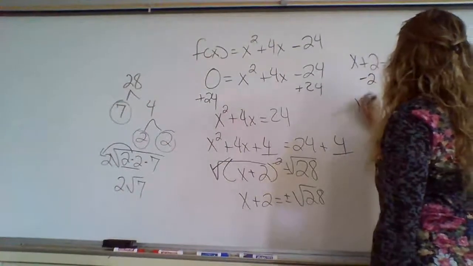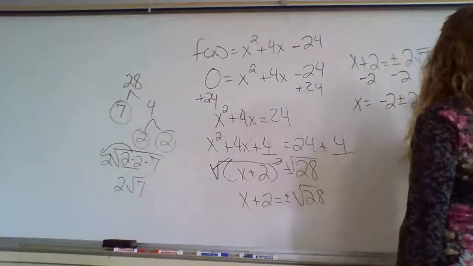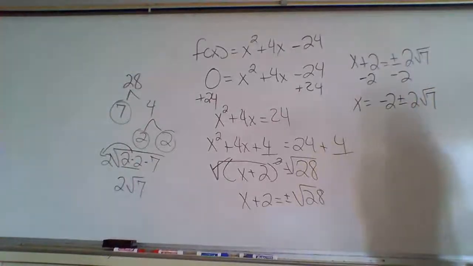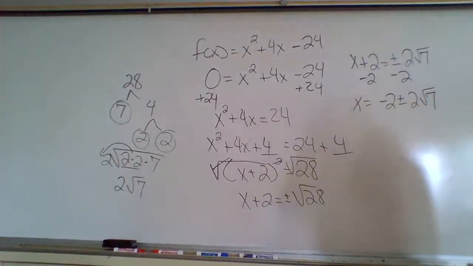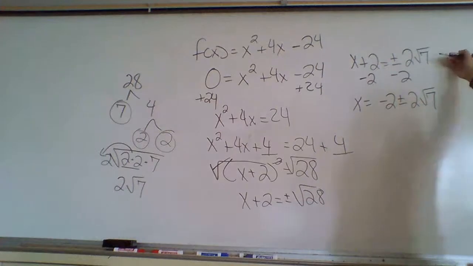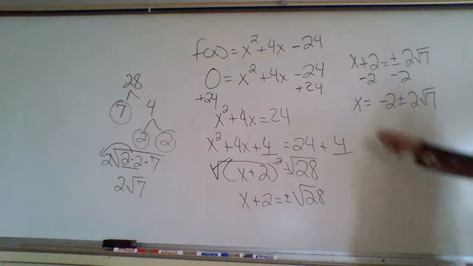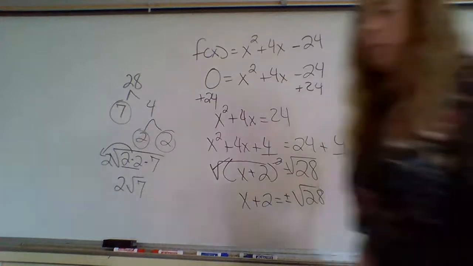So you get x equals negative 2 plus or minus 2 square root 7. Whew! Once you're here, you're like, okay, I'm going to have the square root of 7, and the square root of 7 is irrational. So these are going to be irrational numbers.